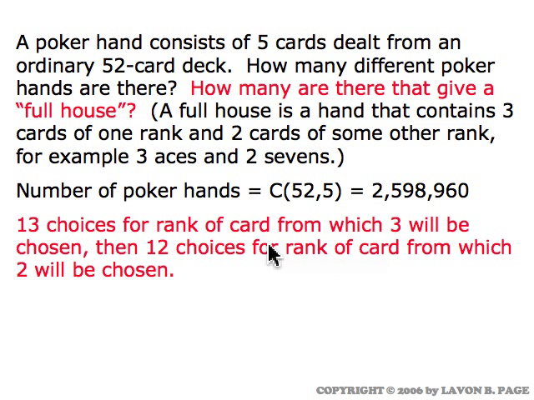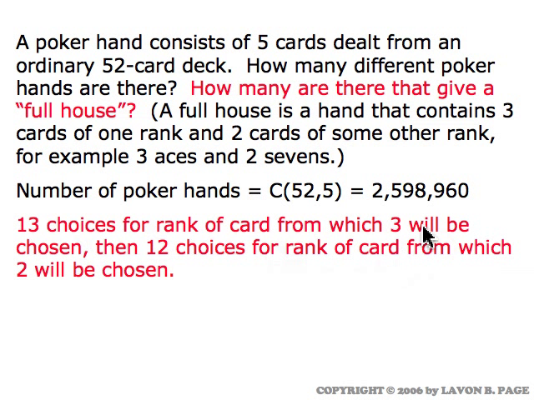There are 13 different rank cards in the deck: 2, 3, 4, 5, 6, 7, 8, 9, 10, Jack, Queen, King, and Ace. So a full house consists of 3 cards of one rank and 2 cards from some other rank. So let's think of first counting the possibilities for the ranks of the cards, the rank from which the 3 will come and the rank from which the 2 will come.